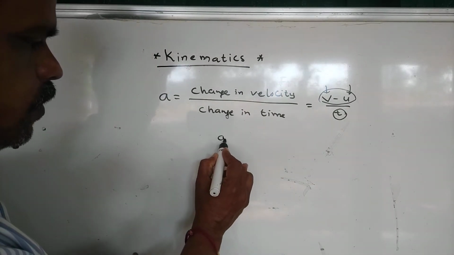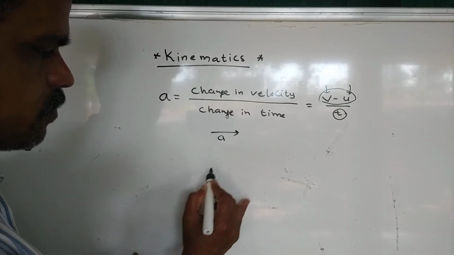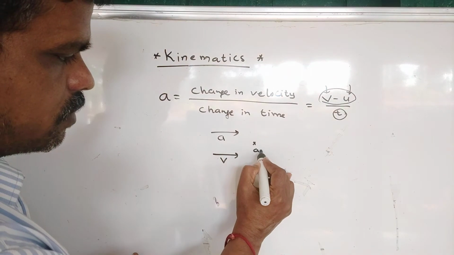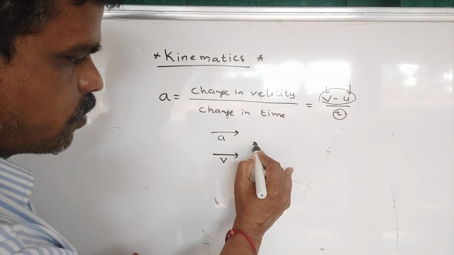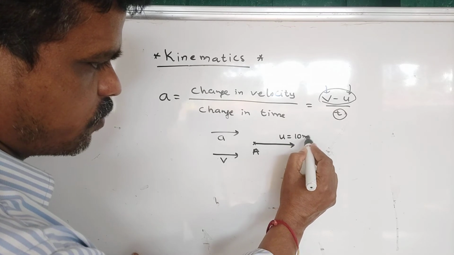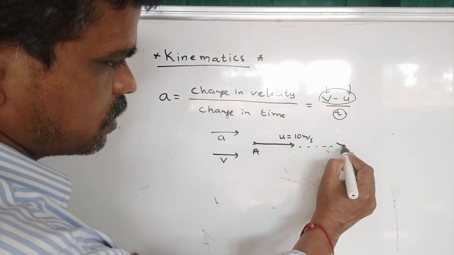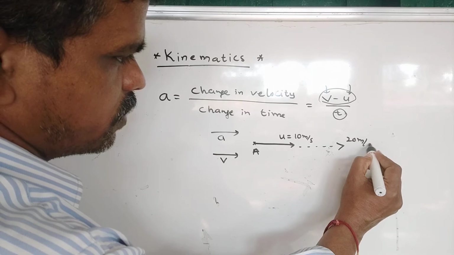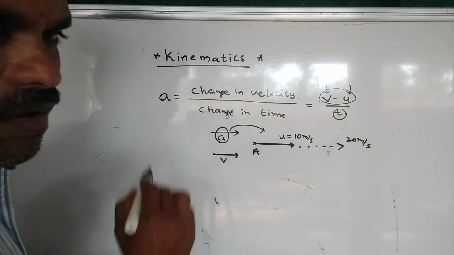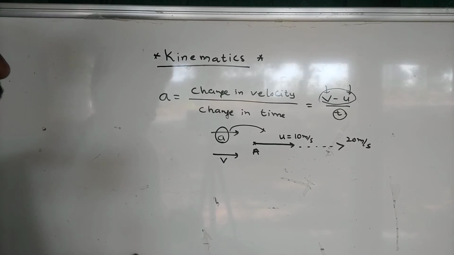Here this is the acceleration direction, this is the velocity direction. The particle moves from A, and the velocity, for example, is initially 10 meter per second, and goes on increasing to 20 meter per second. Then we can say the particle is in accelerated motion.